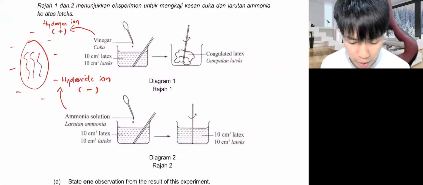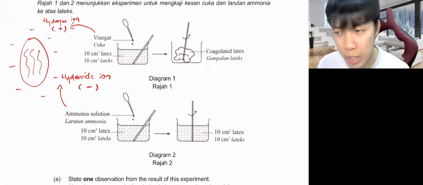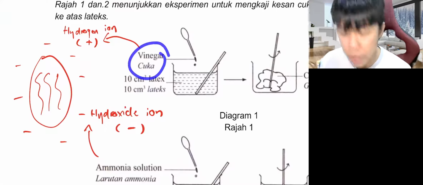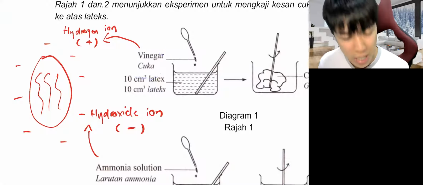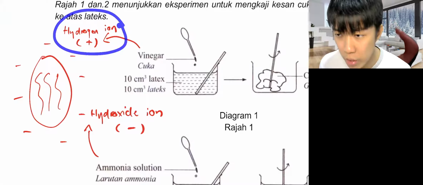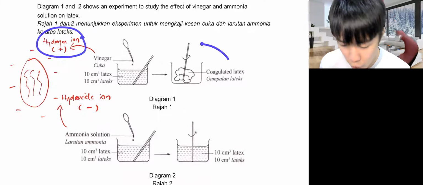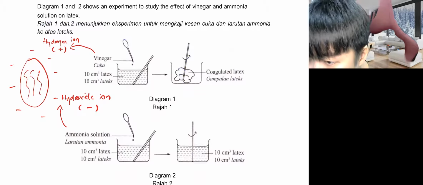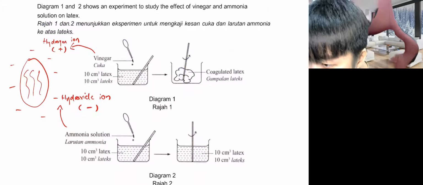Latex coagulated in diagram 1 because, whichever way you start. Because what? Because vinegar, or you can write acid, contains hydrogen ions, which can coagulate the latex. Hydrogen ion, and please talk about latex. Latex coagulates because the latex is neutralized by, did you miss out something, Amelia?